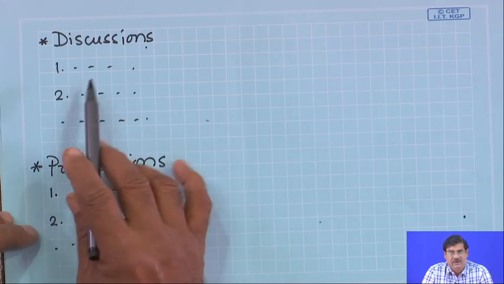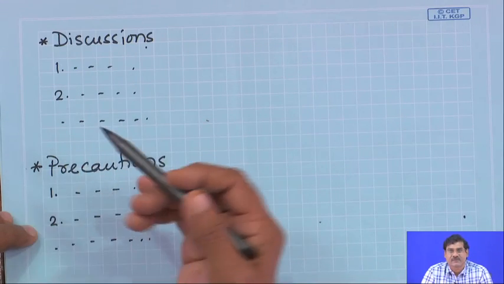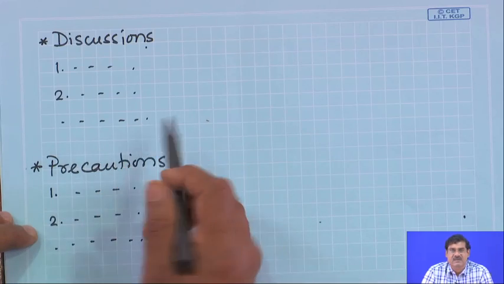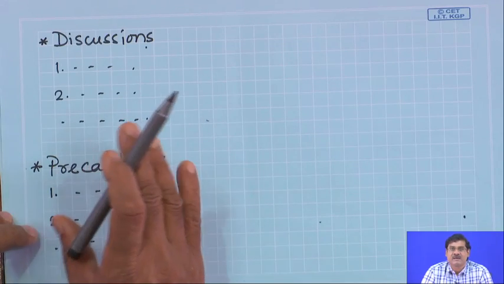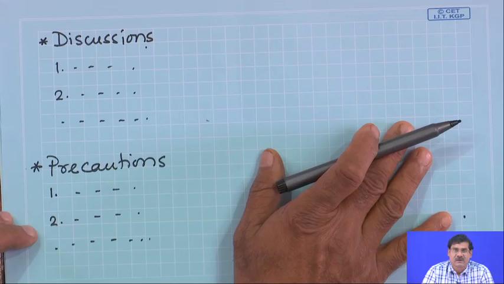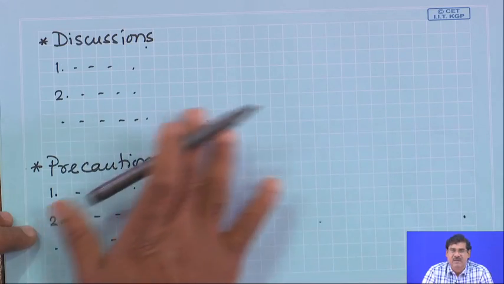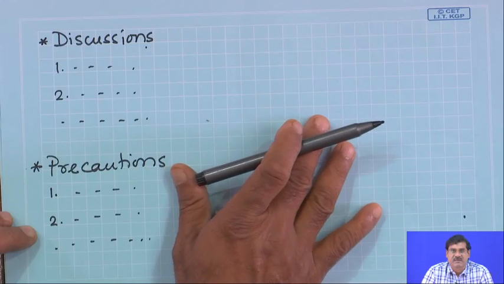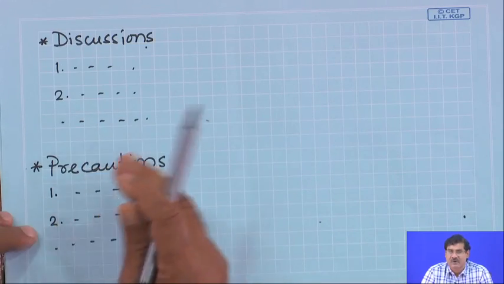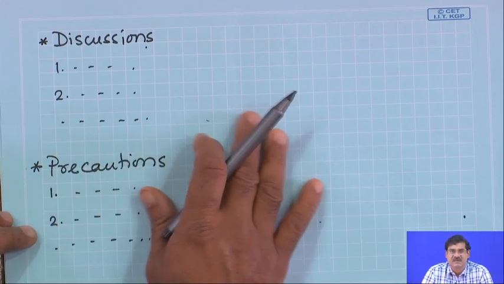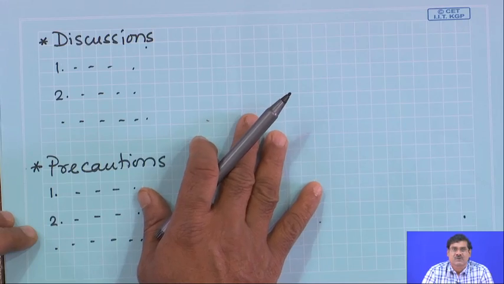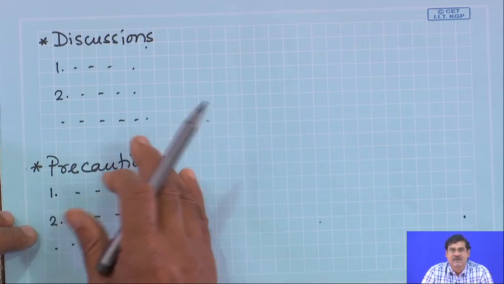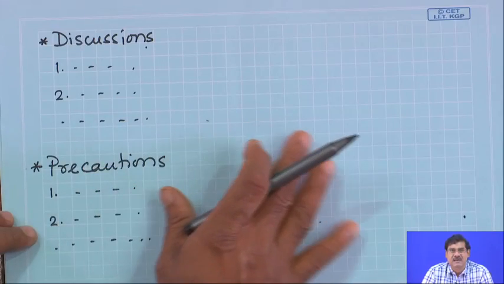You can write that the eta value you got experimentally is very close to the true value, so your measurement is very good, or there may be deviation from the true value. Then you have to tell that, and discuss where this deviation is coming from.